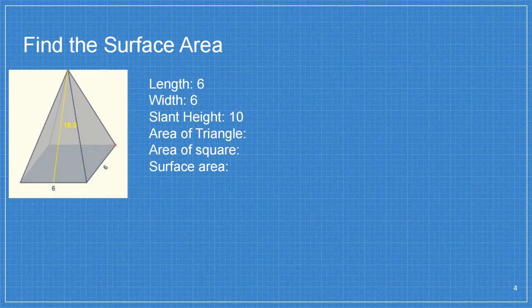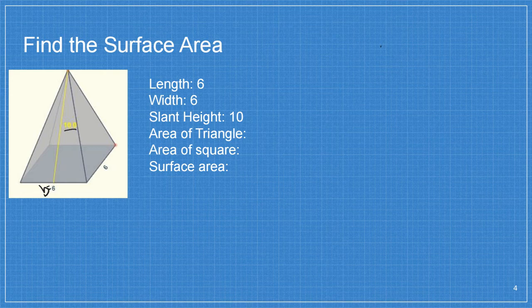To find the surface area of my square pyramid, I'm going to start by finding the area of my side triangle. Notice that my base is 6, and my height is 10, the slant height, because that part is slanted.